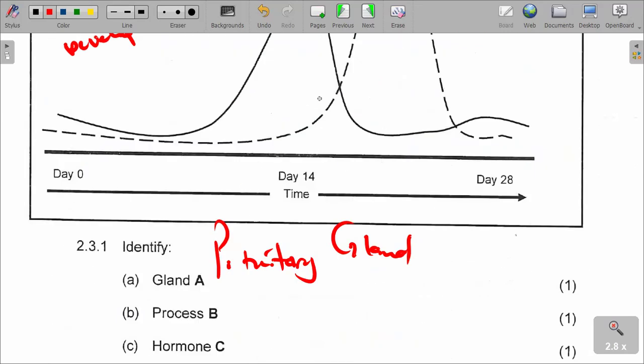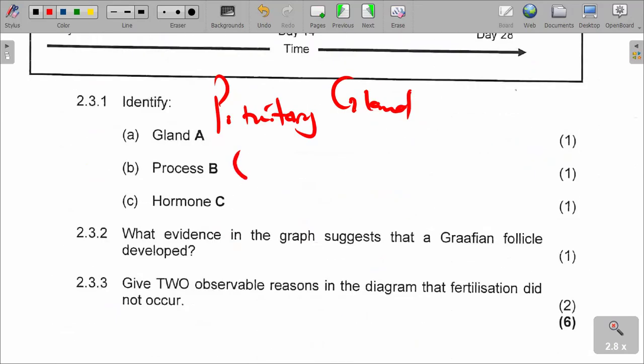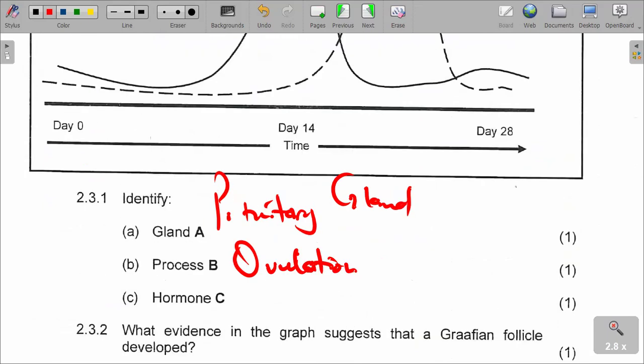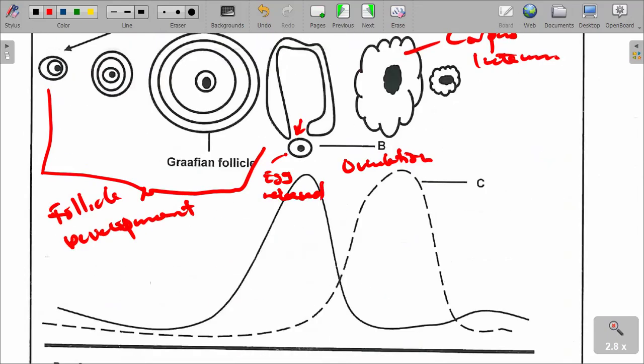So B is ovulation. The release of the mature egg from the ovaries is what we call ovulation.